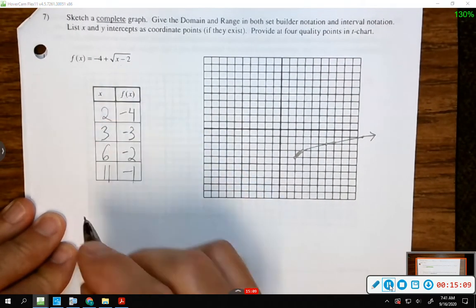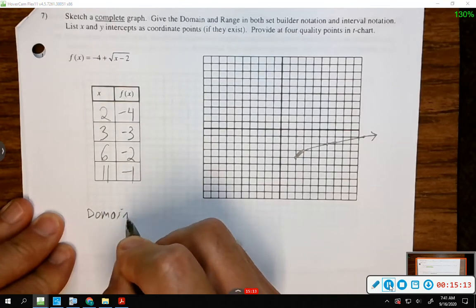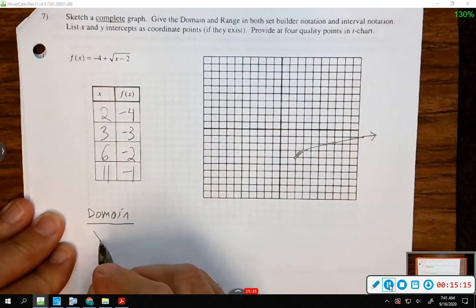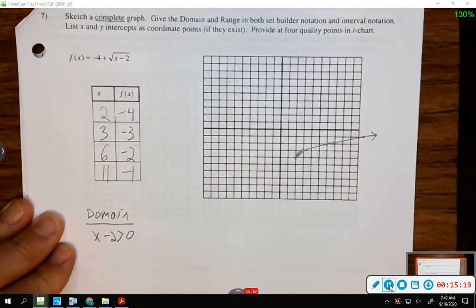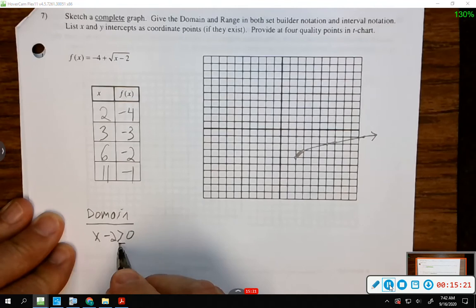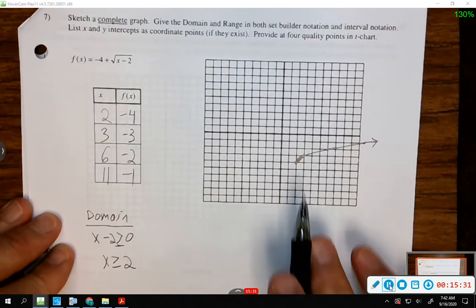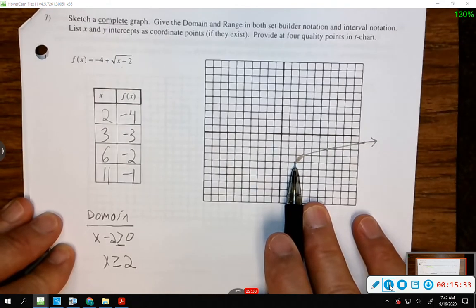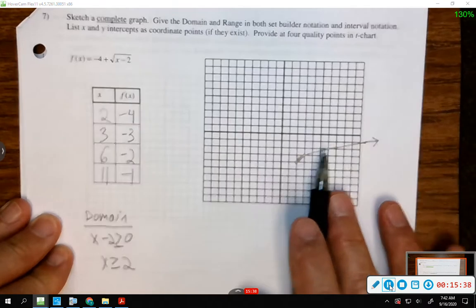So when I'm determining the domain, do you have to write this down? No, but I'm just showing this systematic approach is to always set the argument greater than or equal to 0. We can take the square root of 0. Add 2 to the other side. There's our domain. Okay? We can see from this picture the range then is going to be y values are larger than negative 4.